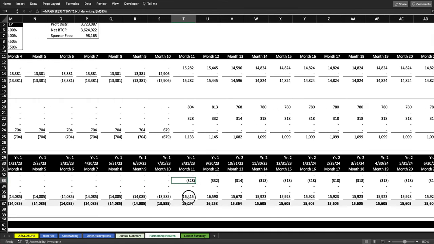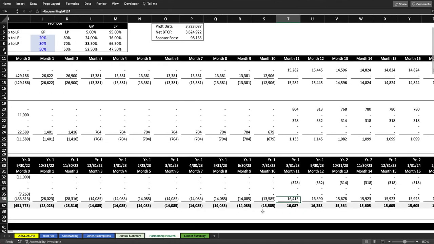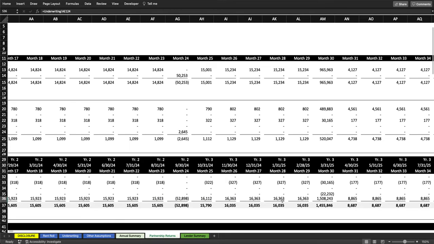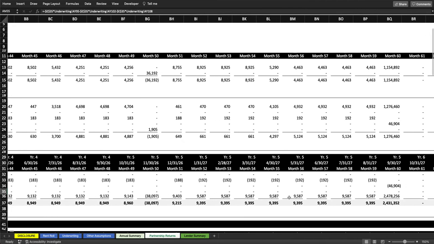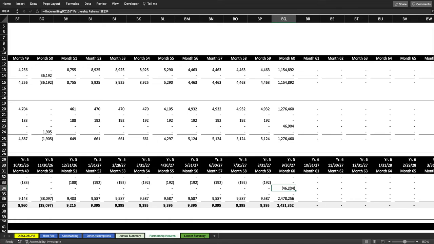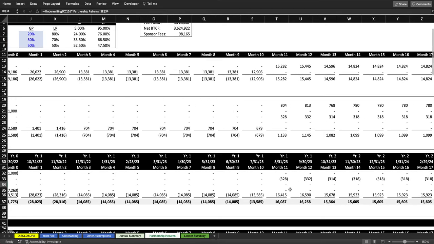This is driven off of this, so there won't be a fee to the GP until the property is actually generating positive cash flow for the fund. Here, for instance, you have negative $13,585. In any of these, you could see you have another financing fee because this is when the refi happens. And then here you have the disposition fee because this is when the sale of the asset is happening.